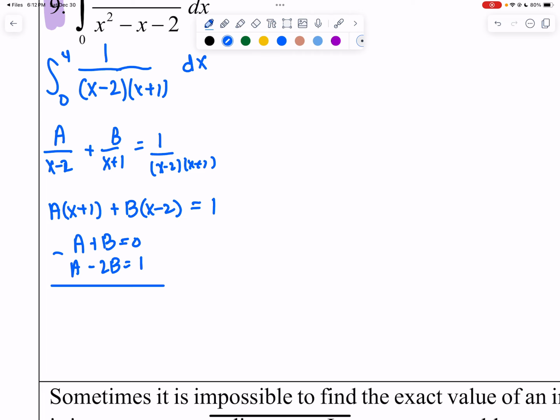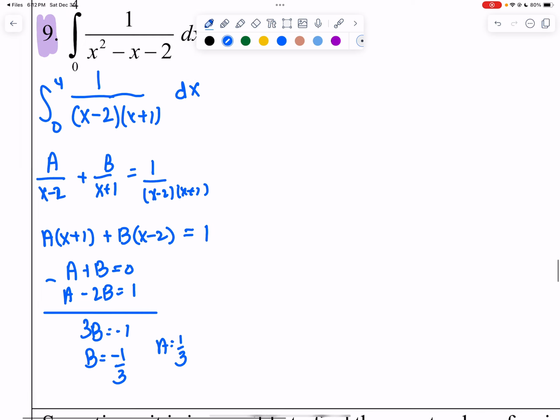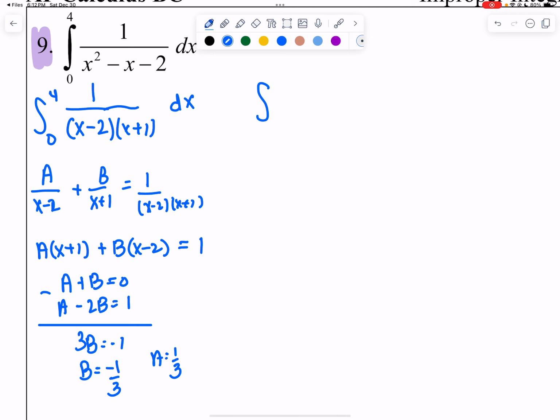B minus negative 2b is 3b is equal to negative 1. B is equal to negative 1/3. And then a has to be 1/3. So now I have the integral from 0 to 4 of 1/3 over x minus 2 plus negative 1/3 over x plus 1.